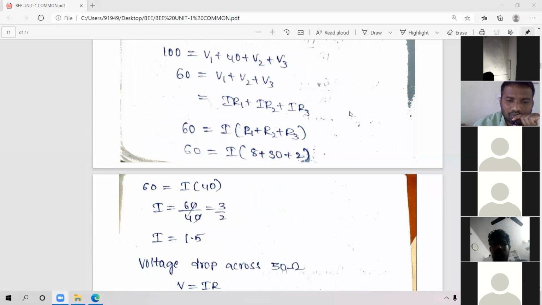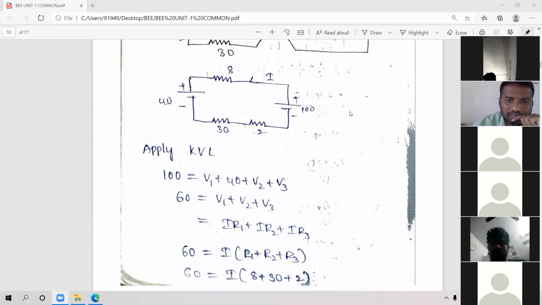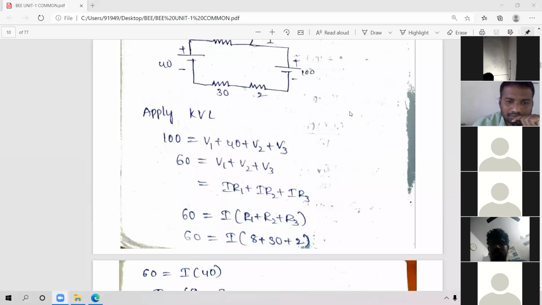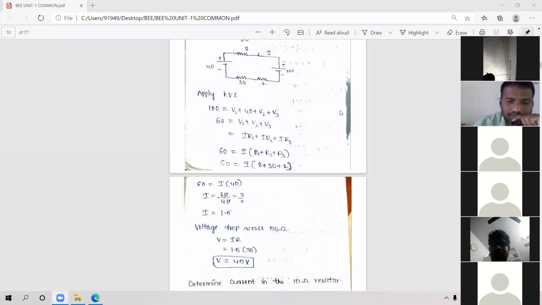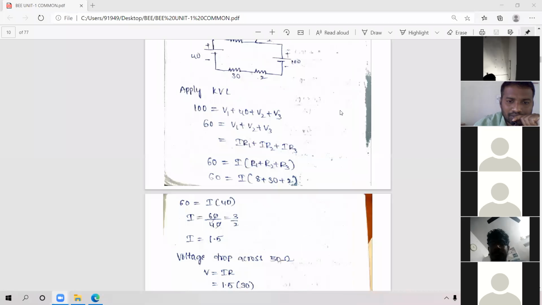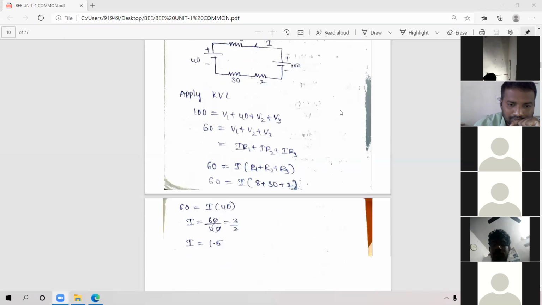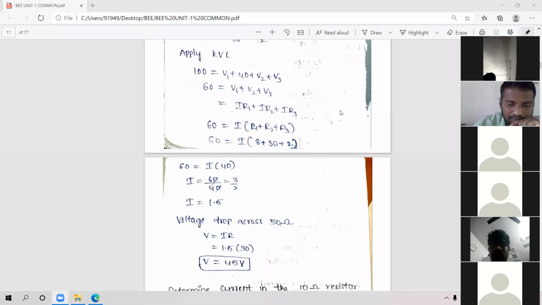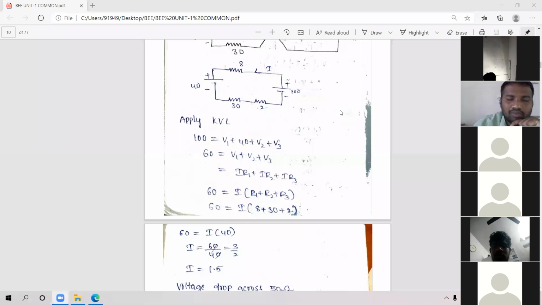I is 1.5. What about the voltage drop across the 30 ohms? What is the voltage formula?